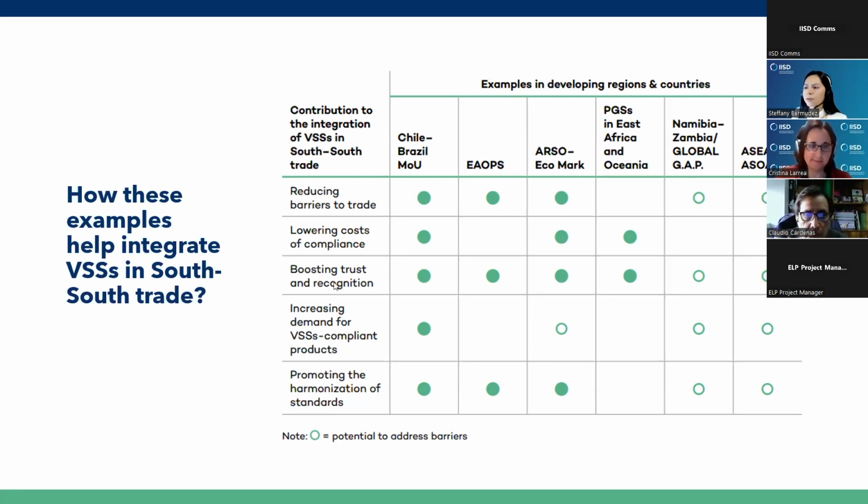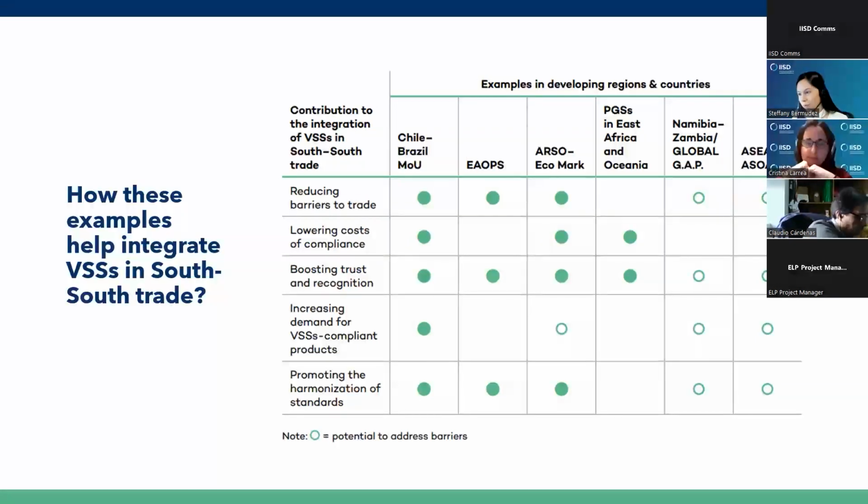And in the case of boosting trust and recognition, the case of Chile and Brazil also shows how willingness to collaborate and long-standing commercial relations can benefit both governments and enhance trade opportunities while also supporting more sustainable practices. So these efforts can also increase demand for standard-compliant goods.